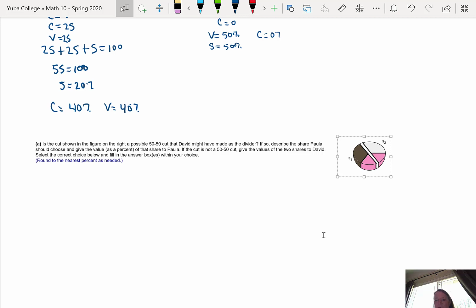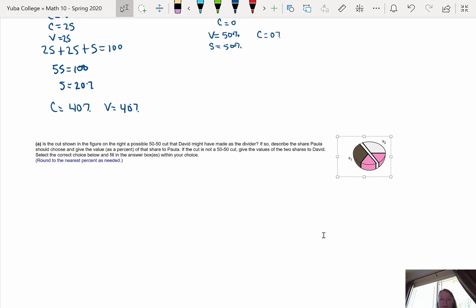Another thing that might be helpful to know is that a full circle is 360 degrees, and each piece is worth a third. And he split that strawberry in half.